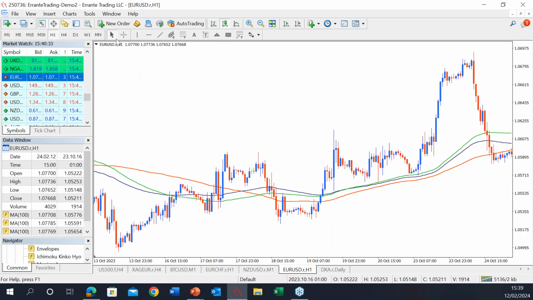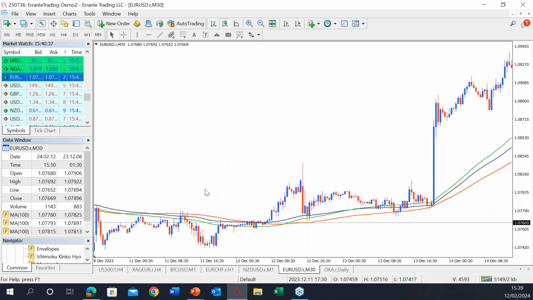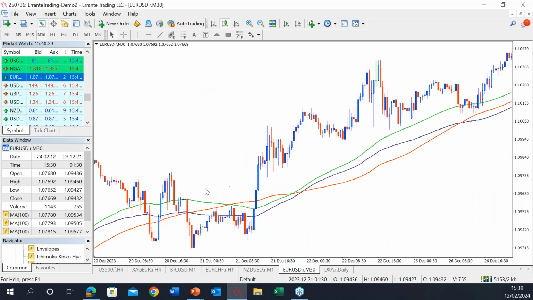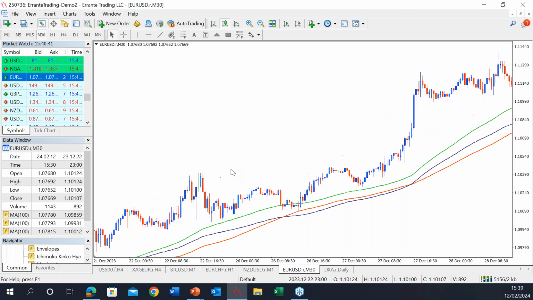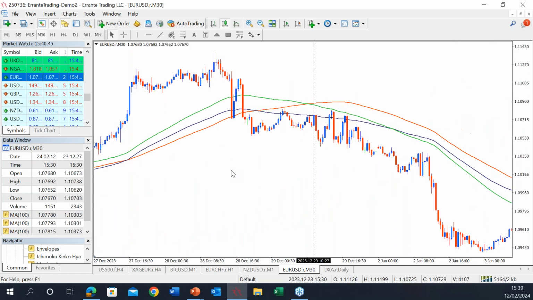So it all depends on your time frame, on the trading instrument that you want to trade, and also the strategy you're going to use as your trigger to enter or exit the market.